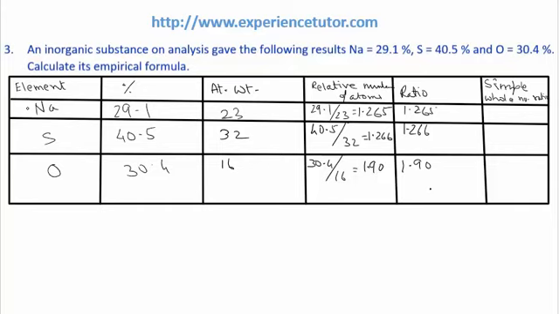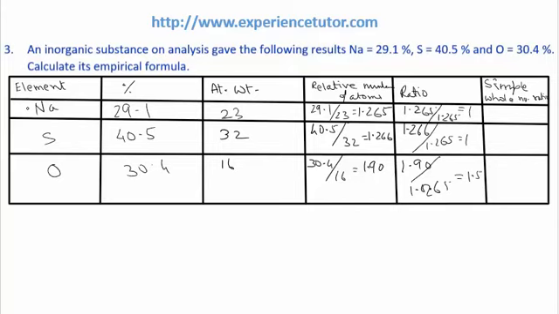Therefore, we'll divide by the smallest. 1.265 upon 1.265 is equal to 1, and 1.9 upon 1.265 is equal to 1.5.